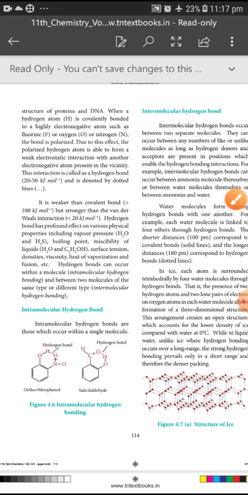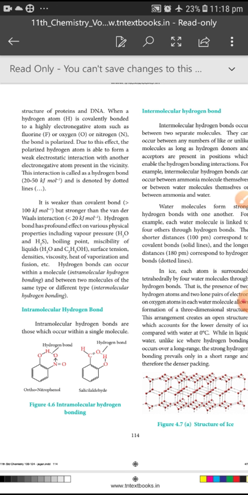Next one, intermolecular hydrogen bond. Intermolecular hydrogen bond occurs between two separate molecules. They can occur between any number of like or unlike molecules, as long as the hydrogen donor and acceptor are present in positions which enable the hydrogen bonding interaction.